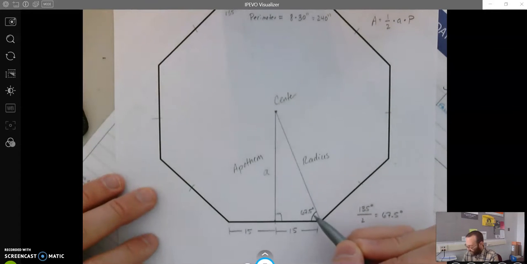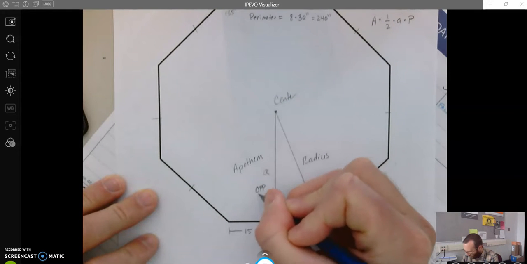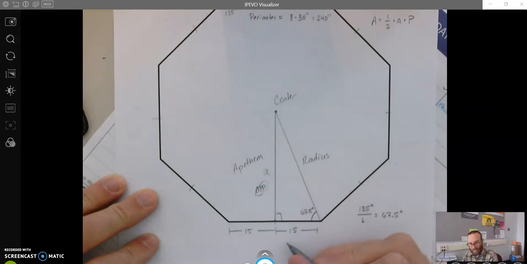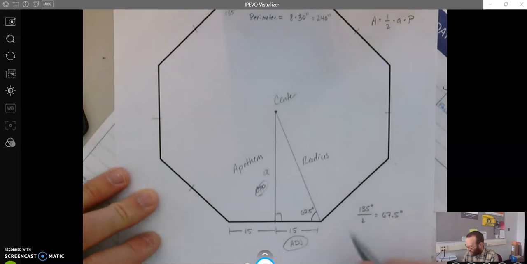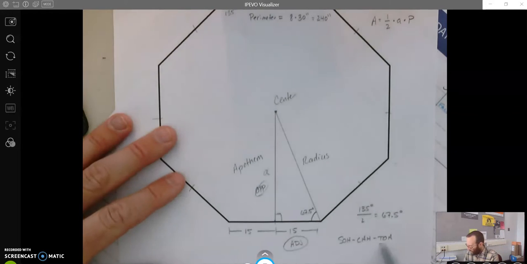I have an angle. A is the opposite side. And 15 is the adjacent side. And if I remember my SOH CAH TOA, which side utilized the opposite and adjacent? Well, that's the tangent.